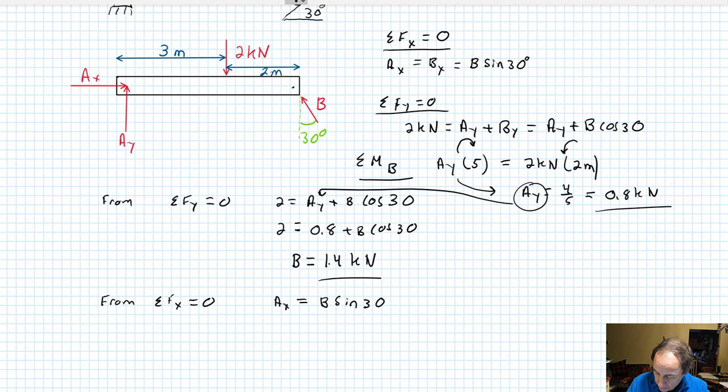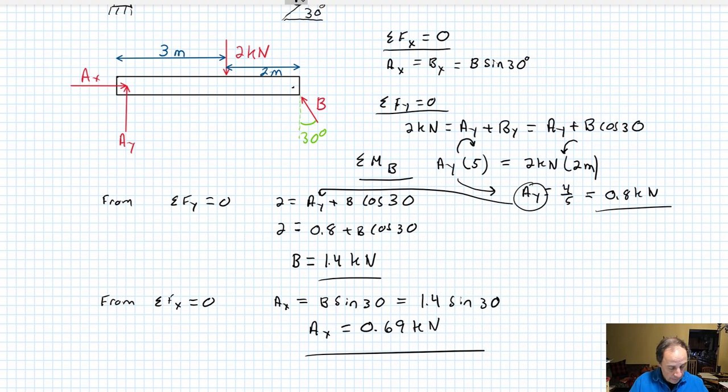So now we know that AX must equal 1.4 sine 30. So the horizontal component of the reaction force at that pin is just going to be 0.69 kilonewtons. All right, so that's the magnitude and direction of all the forces acting on that.